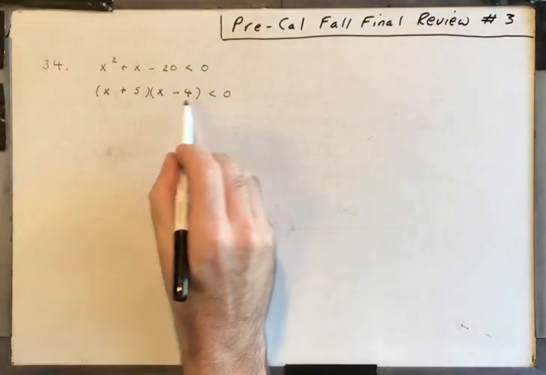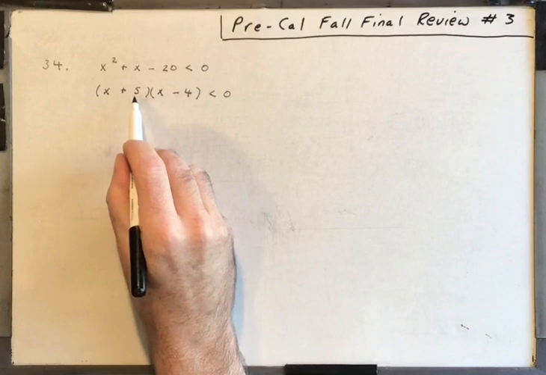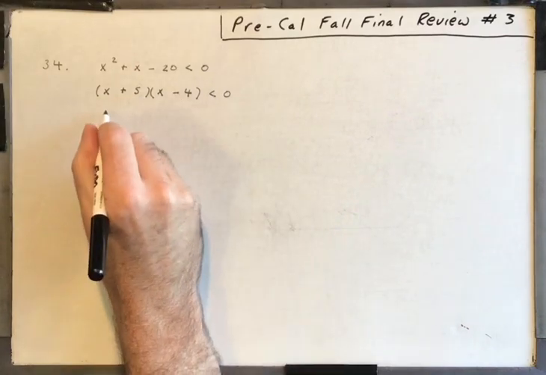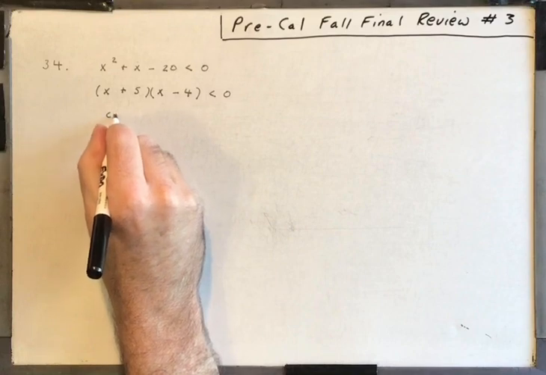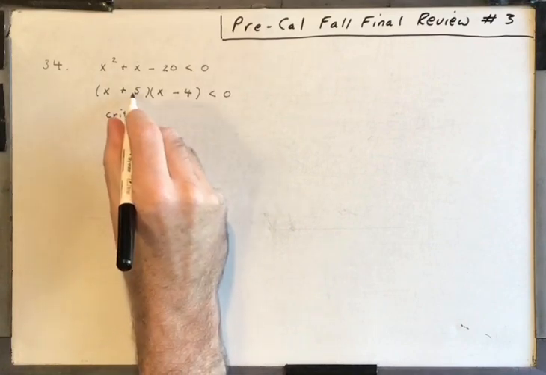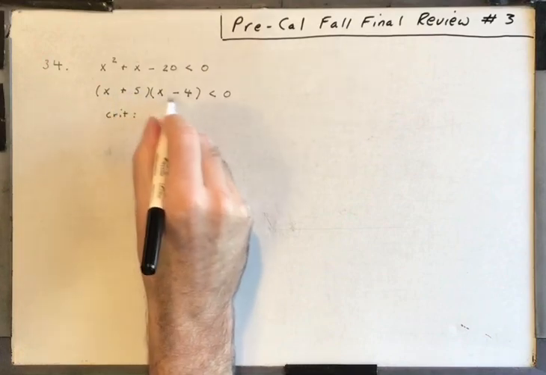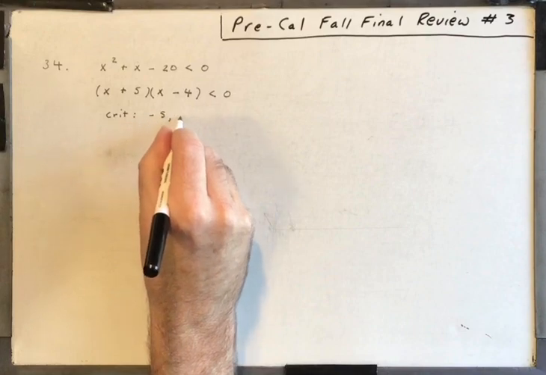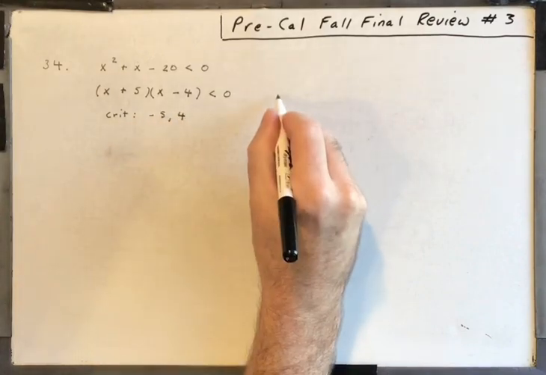But instead of getting 2 answers such as negative 5 and 4, we're getting a range of numbers that works. So our critical points are the points that would make each parenthesis 0. So it'd be negative 5 and positive 4.